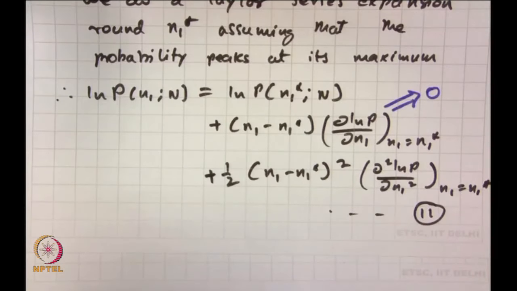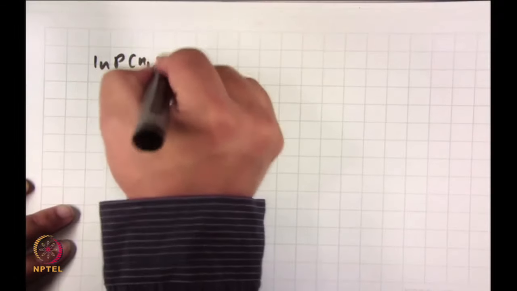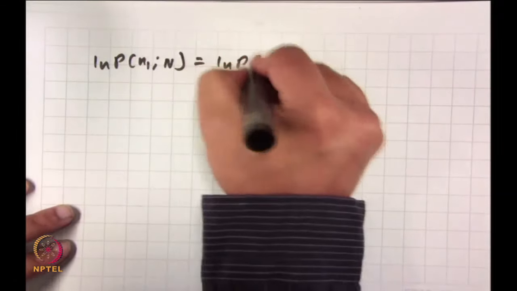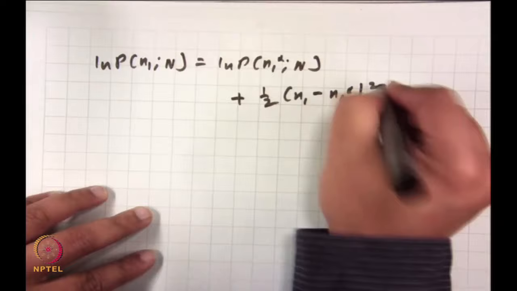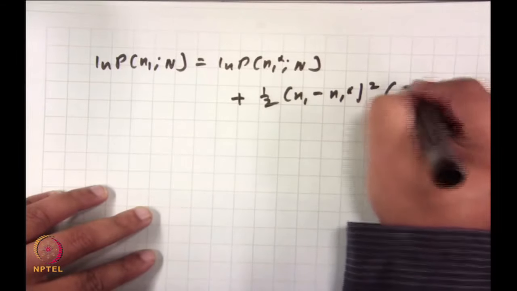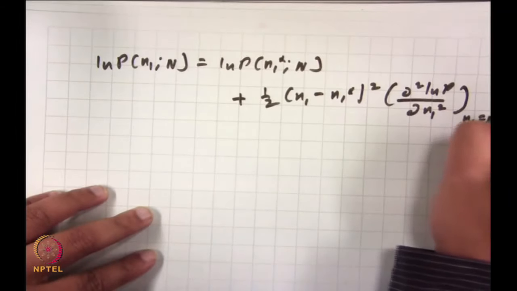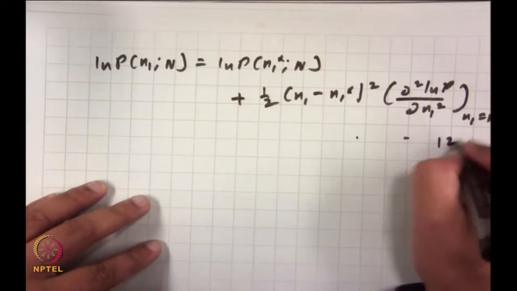So, if that is so, then from here, natural log of p of n1, n is equal to ln p of n1 star, n plus half n1 minus n1 star squared, okay, del 2 ln p over del n1 squared at n1 is equal to n1 star. Okay. This is my next equation, say this is equation 12.